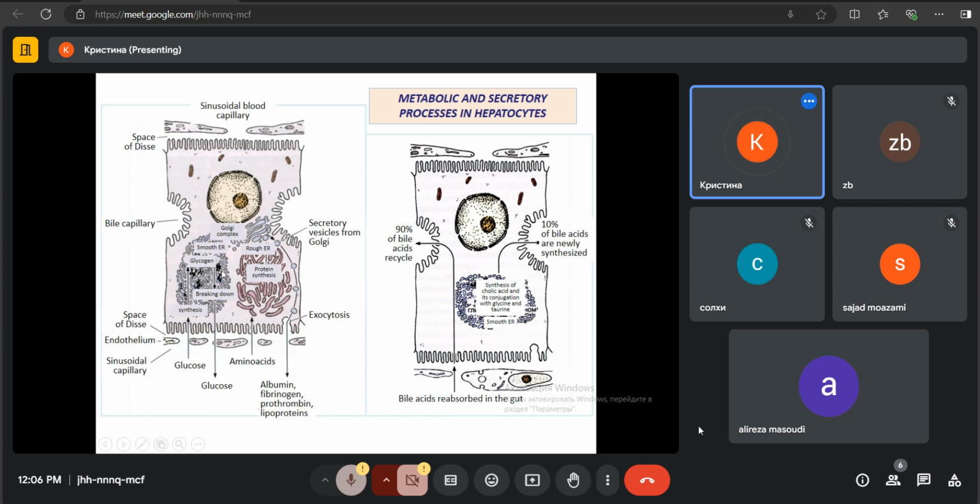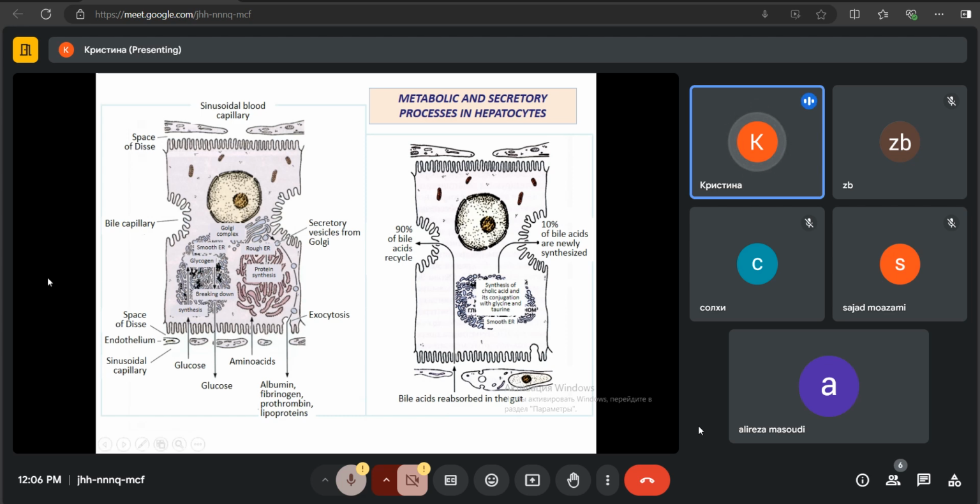When it is needed, when the signal from the hormone glucagon comes to the hepatocyte, it can break down the glycogen and release glucose into the bloodstream. Also, the smooth endoplasmic reticulum serves for the metabolism of lipids, because the lipids can be stored and produced in smooth endoplasmic reticulum, and liver also can store the lipids in form of lipid droplets produced by smooth endoplasmic reticulum.